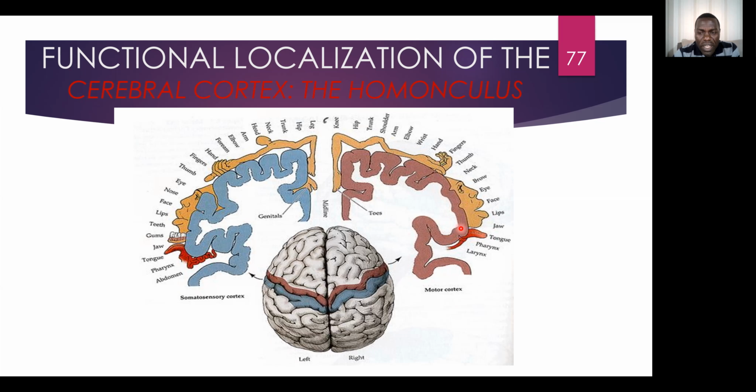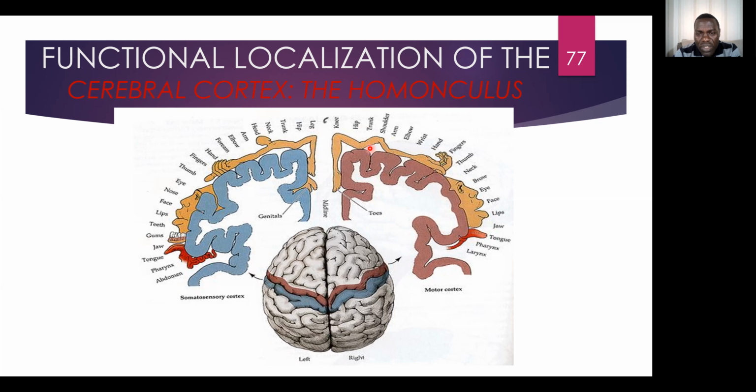The surface area of representation is not directly proportional to the size of the body being represented. There's some regions that have a very big cortical representation in as much as they're very small. Look at the surface area representing the hand. And look at the surface representing the thumb. So big.